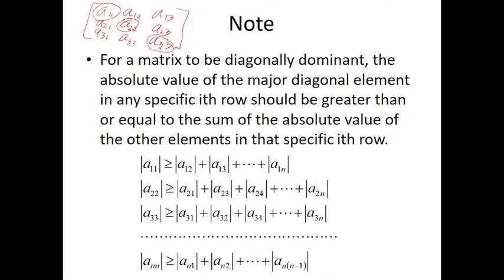A11, A22, A33. For a matrix to be diagonally dominant, the absolute value of the major diagonal element in any specific ith row. So in this example, ito yung first row, ito yung sa second row, ito yung sa third row. For a specific matrix to be diagonally dominant, the absolute value of the major diagonal element in any specific ith row should be greater than or equal to the sum of the absolute value of the other elements in that specific ith row.